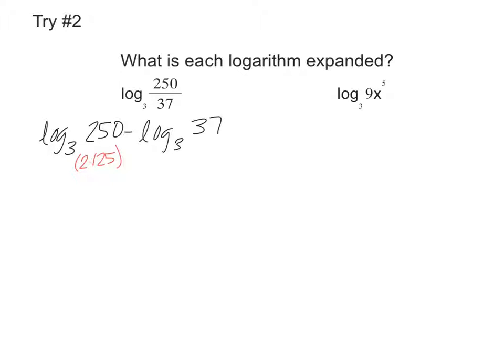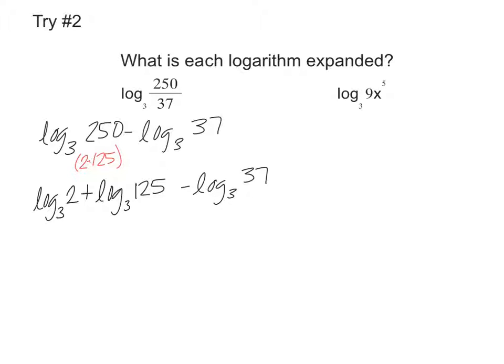If we keep going, because it's a product, and we know product is addition, that's going to give us log base 3 of 2 plus log base 3 of 125, and still minus log base 3 of 37, because you can't break 37 down.